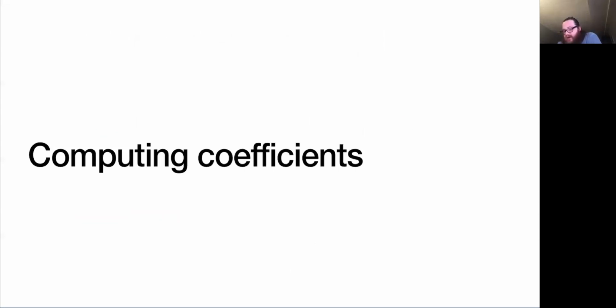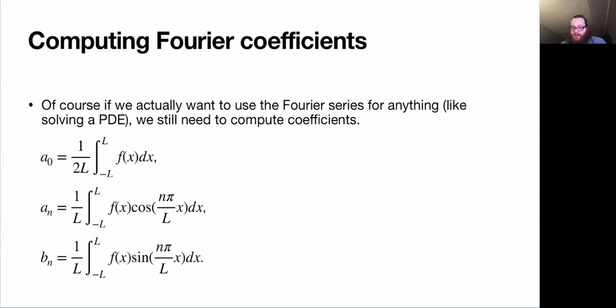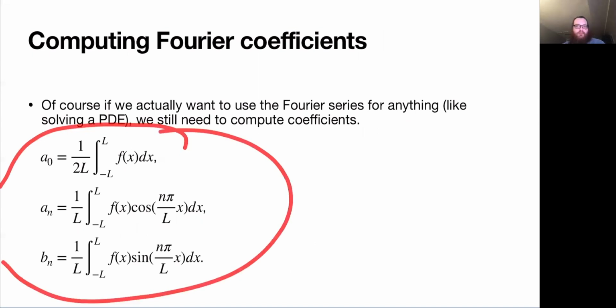So in this last bit, we'll review what it means to compute these coefficients. If we want to use these Fourier series for anything, like actually solving PDEs, we need the coefficients. How do we compute the coefficients? We have formulas for them.